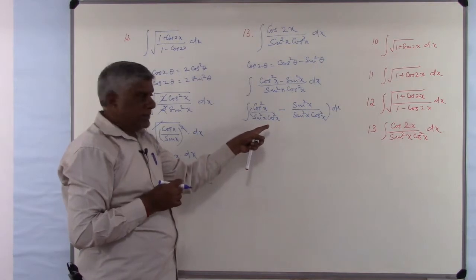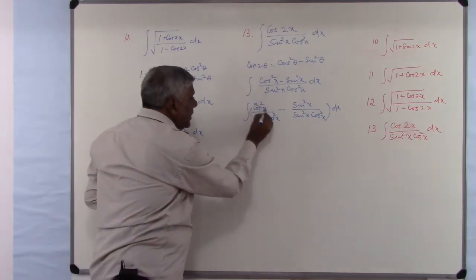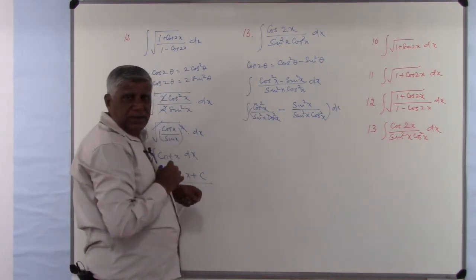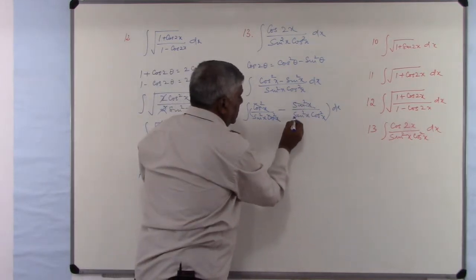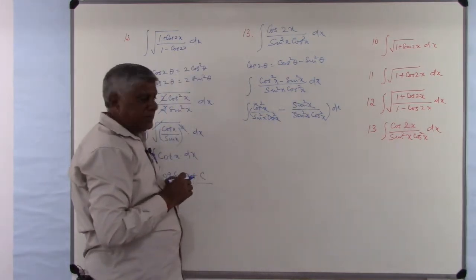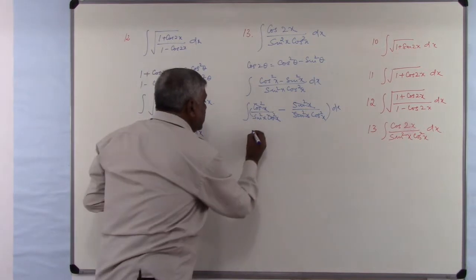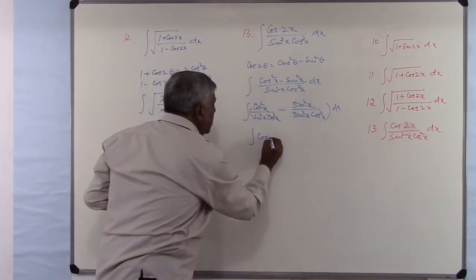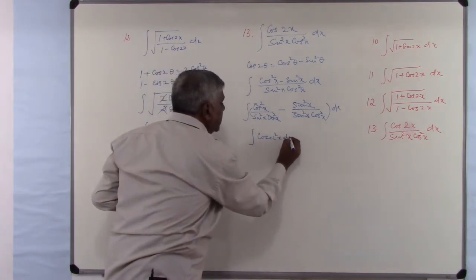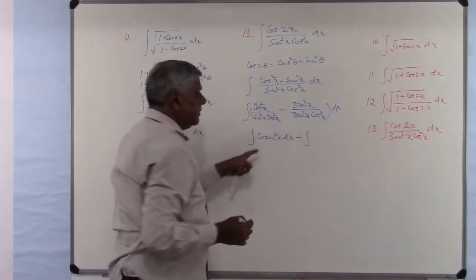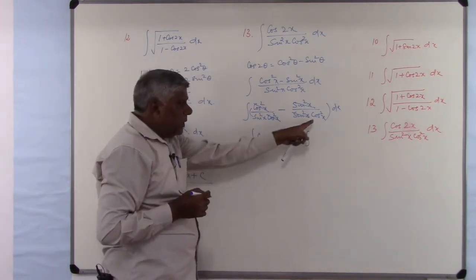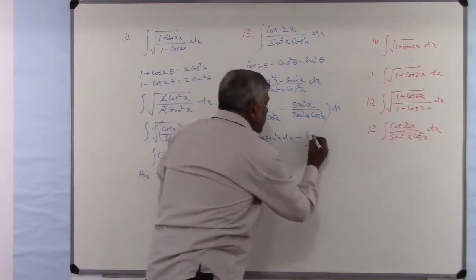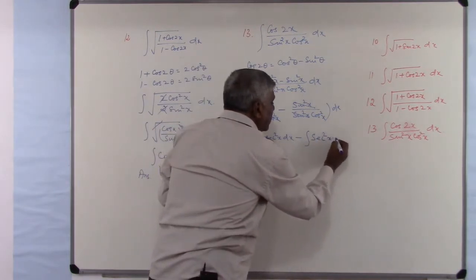I have written like this. Now this cos square x cancels. Here sin square x cancels. 1 over sin square x is cosecant square x dx. 1 over cos square x is secant square x dx.